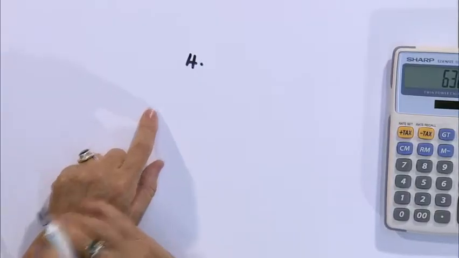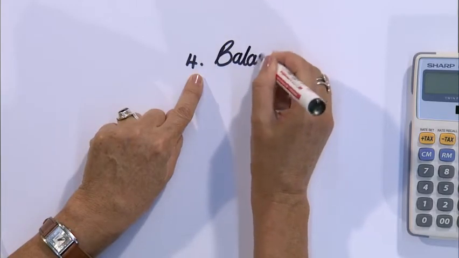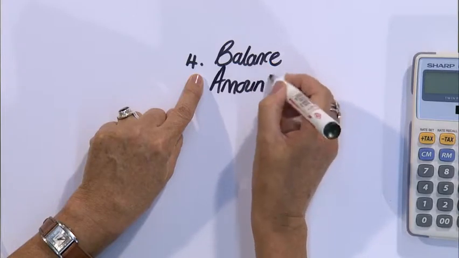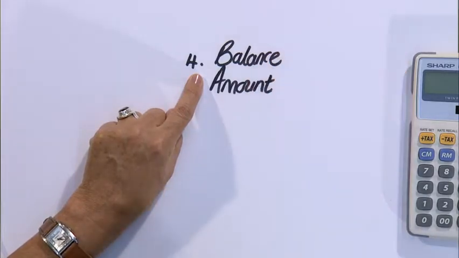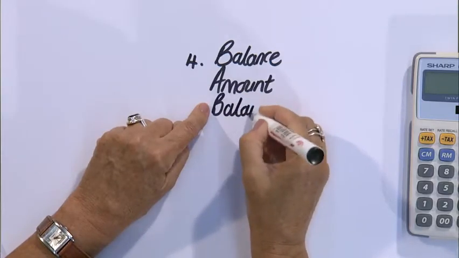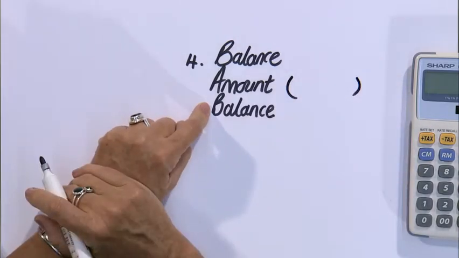Okay, let's see. Just like I told you before, maybe let's use the big pages again. Easy to remember, this is note 4. The official note says, show the balance at the start of the year, show the amount on the financial statements, and show the balance at the end of the year. Why am I putting brackets there immediately?